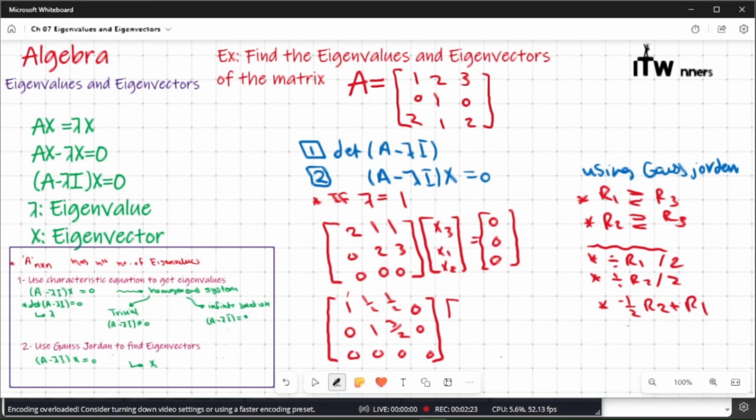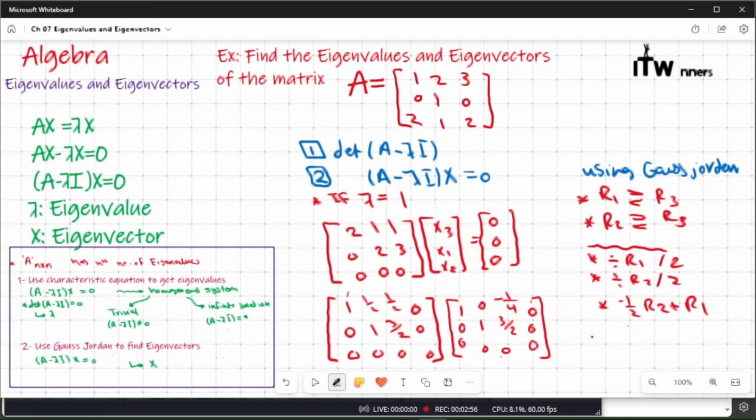So here we will obtain 0, 0, 0, then 1, 0, 0, and 1, 3 half, and here we will obtain 0. 3 half into negative 1 half plus 1 half, so we'll obtain negative quarter, and 0, 0.